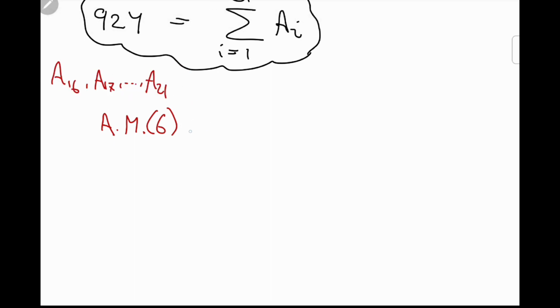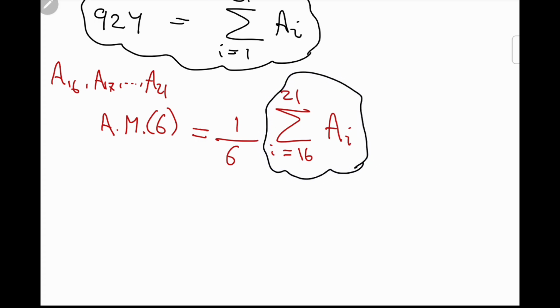So the arithmetic mean is, according to the definition, 1 over 6 times the sum I equal to 16 to 21 of AI. So we need to find only this component.